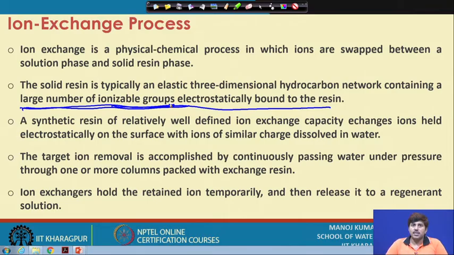So, a synthetic resin is relatively well defined with a known ion exchange capacity, and it exchanges ions which it holds electrostatically on the surface with ions of similar charge in the dissolved water. Since it is exchanging, whatever it is attached to will go to the water, and whatever contaminant ion of similar charge is present in the water will come to the resin.